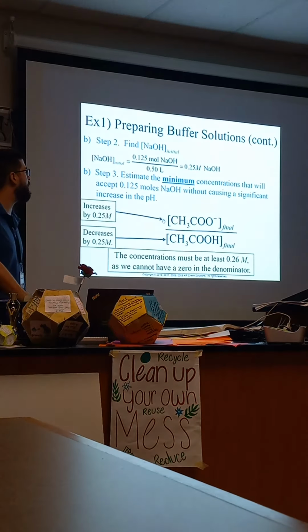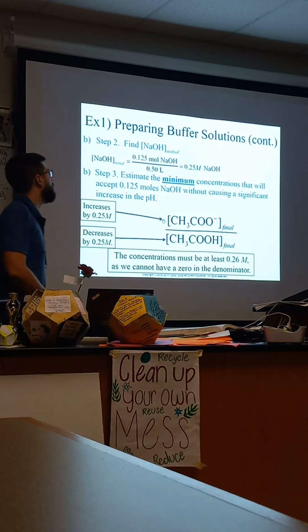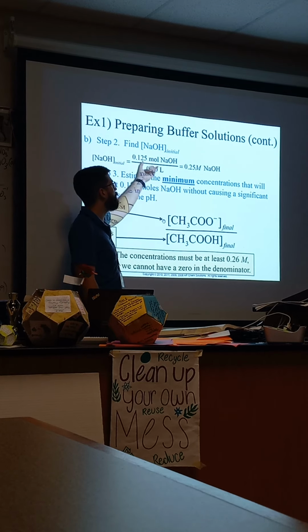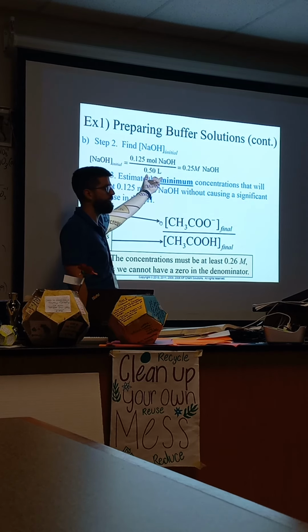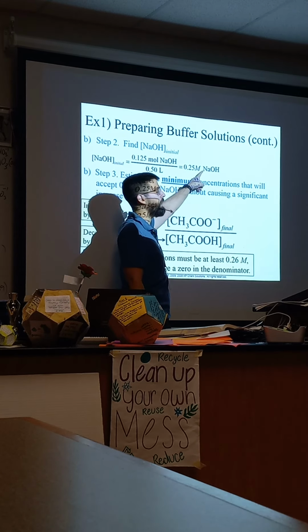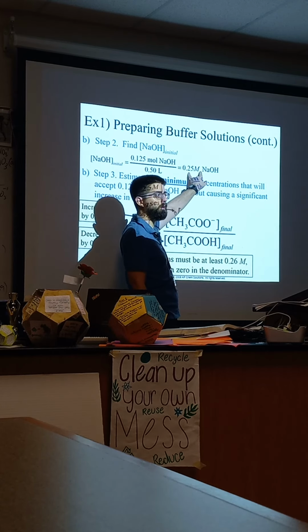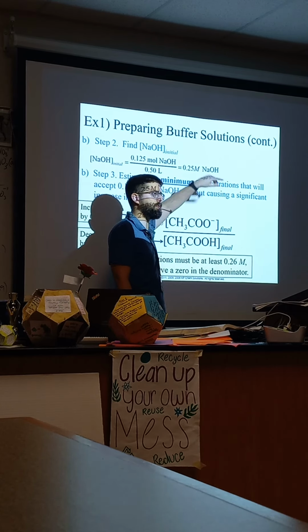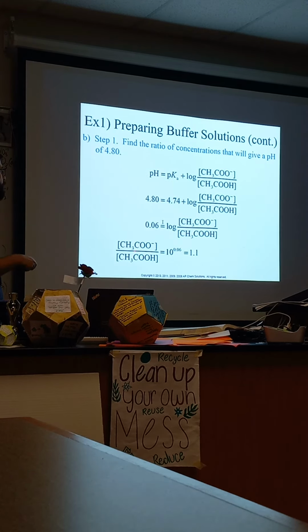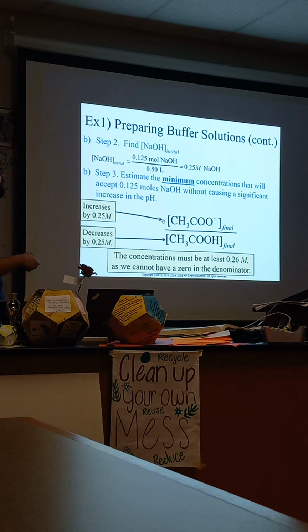Here we go, guys. As I believe Michael was alluding to earlier, we are going to take the 0.125 moles of NaOH, and what are we going to divide it by to get a molarity? Liters. 0.50 liters. So when those moles of NaOH are added, we will have 0.25 molarity NaOH. So this is what our buffer has to survive, and we've already found the ratio of these two that we need in order to survive it.